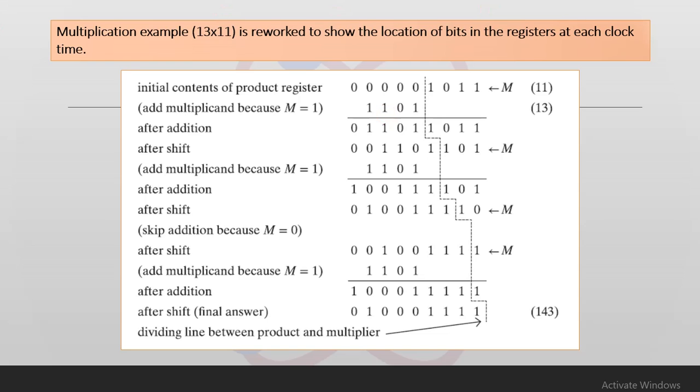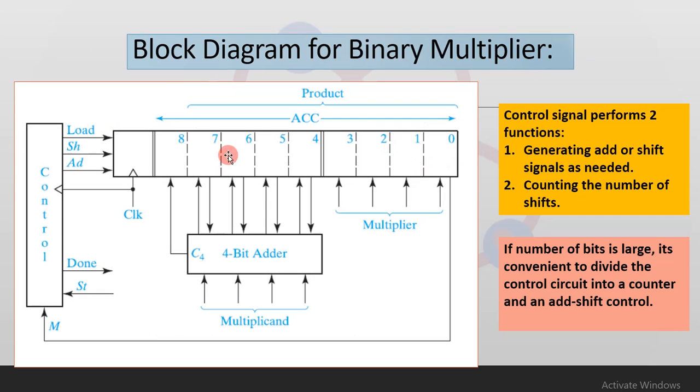So what we are going to do is, if you observe, the accumulator is having a total of 9 bit positions, and the lowermost 4 bits correspond to the multiplier, and the remaining bits are going to store the result of your addition.